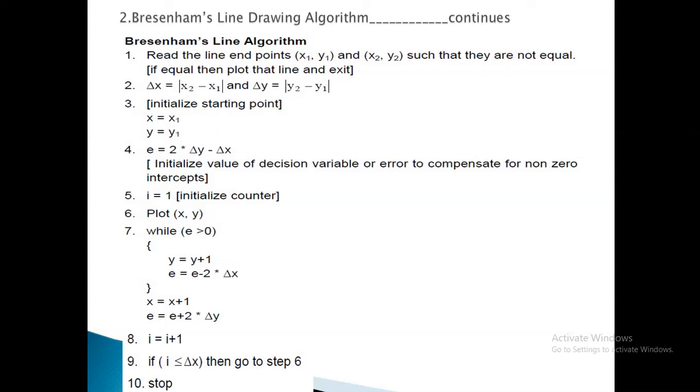Then I is equal to I plus 1, because of the incremental approach. When I is less than or equal to delta x we continue, and when we reach the endpoints we stop finding the x and y coordinates.